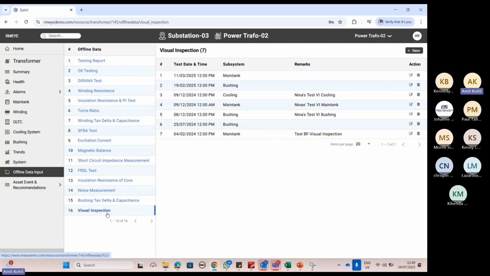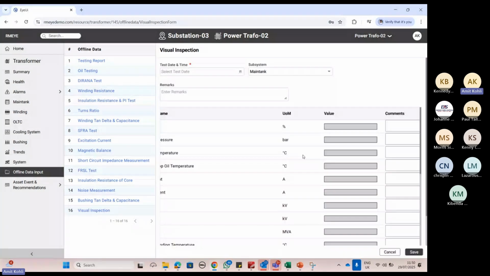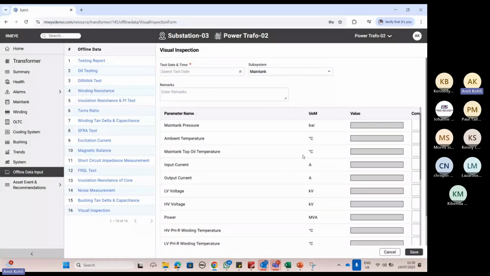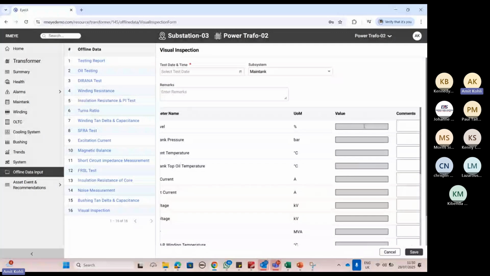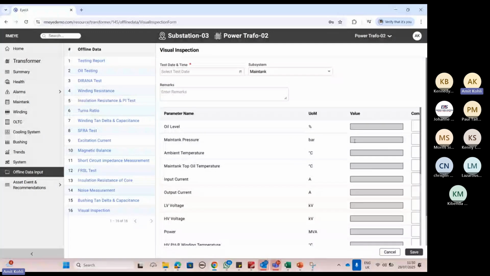So for example, we give a QR code against each asset, and whenever the service engineer goes on site, they scan the QR code, and based on the scan, it automatically opens up the visual inspection form for that particular asset. And as soon as it opens up, the engineer will have options for entering this data. And again, this template can be customized.